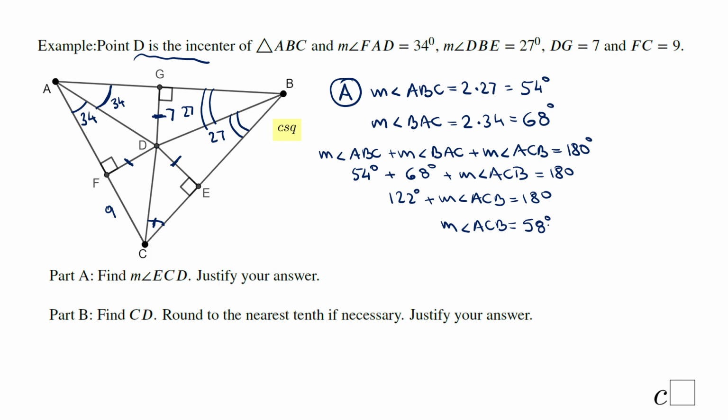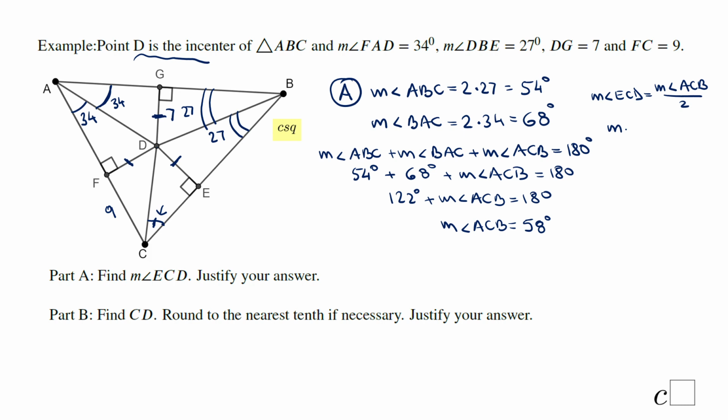But we did not finish, we have to do one more step for finding the measure of angle ECD, this one. We need to divide that in half. The measure of angle ECD is half of the measure of angle ACB, because that is an angle bisector.